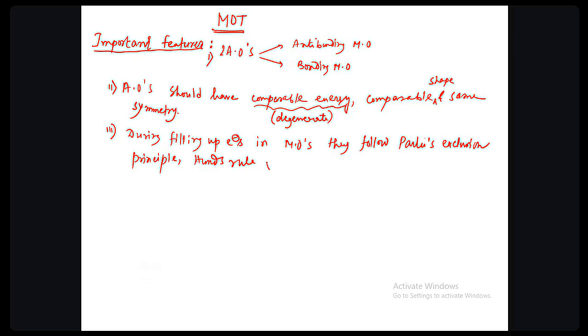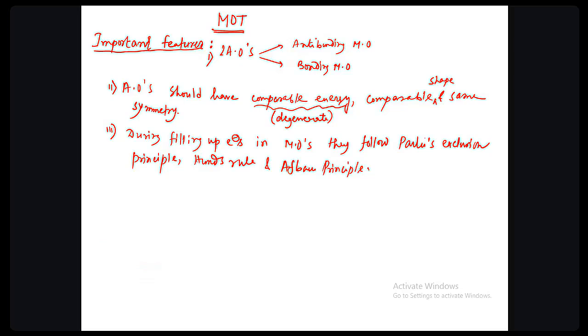We know these three principles. Pauli's exclusion principle means that no two electrons have the same quantum numbers. That means if one electron is occupied in the clockwise direction, then another electron must be occupied in the anti-clockwise direction in the same orbital. Hund's rule means during filling of electrons, first occupy singly and then fully. And the Aufbau principle shows that lower energy orbitals are filled first and then higher energy orbitals gradually. So these three principles should be mentioned.